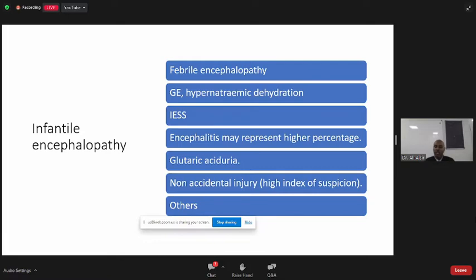Talking about the etiologies, febrile encephalopathy is the most common cause of infantile encephalopathy, because infants have a high tendency for viral infections, viral prodromes, febrile seizures and so on.